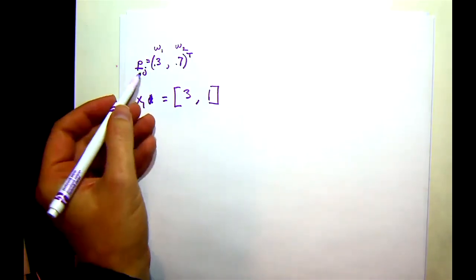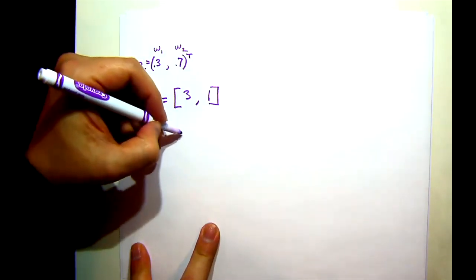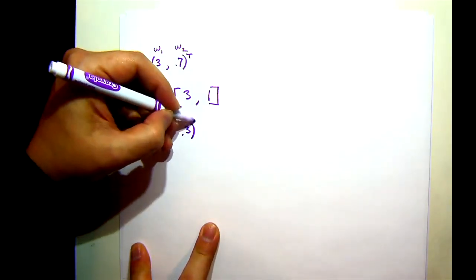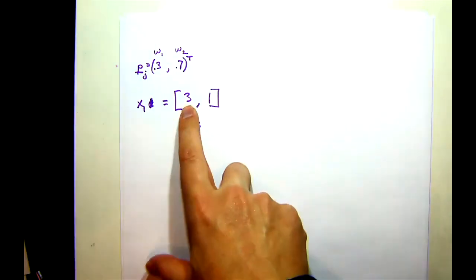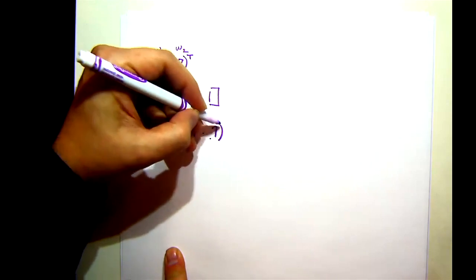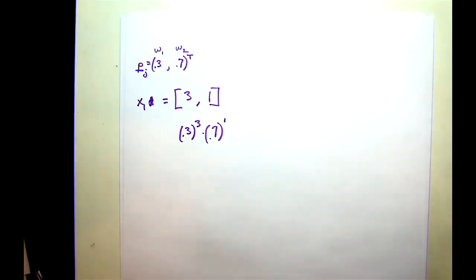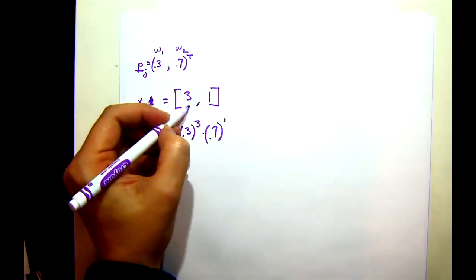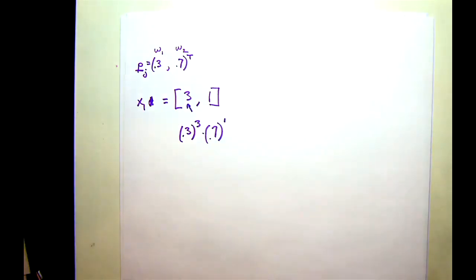So the probability is going to be 0.3 to the third, because we have a count of 3, times 0.7 to the 1. So that's why we have the exponents, because the counts are not just 1 or 0, they're actually a count of the number of times that occurred.